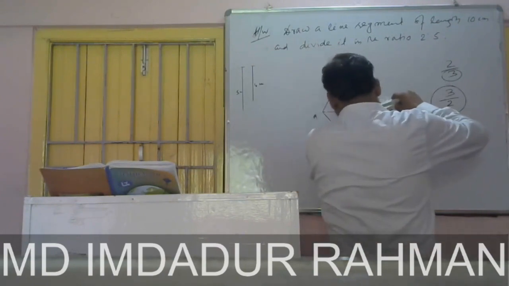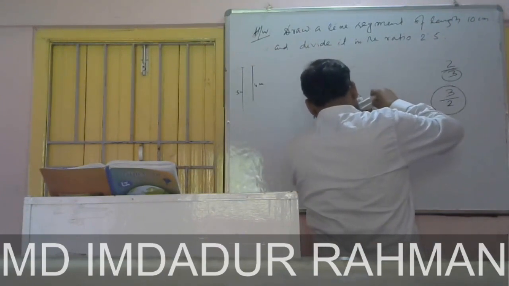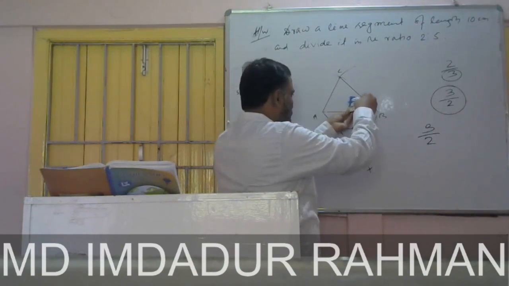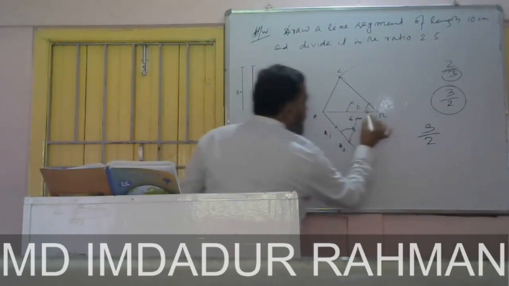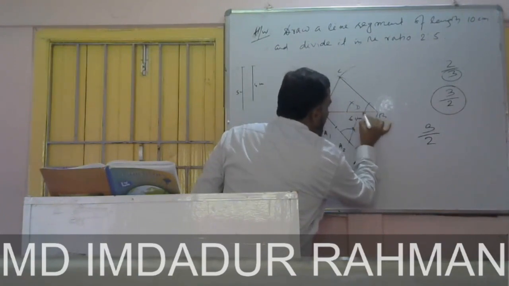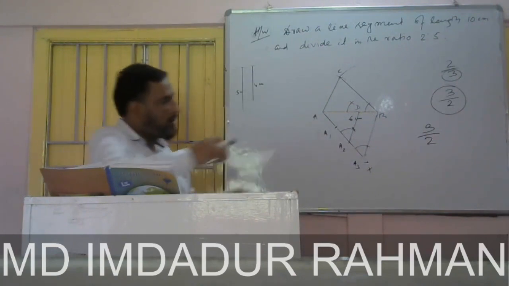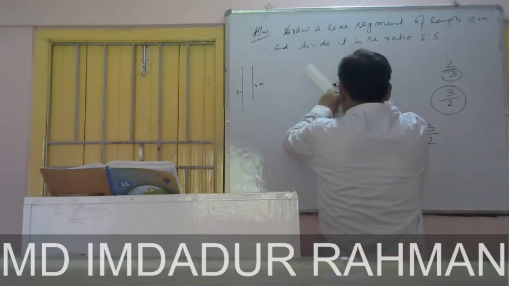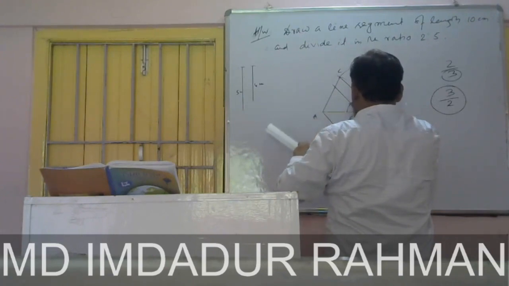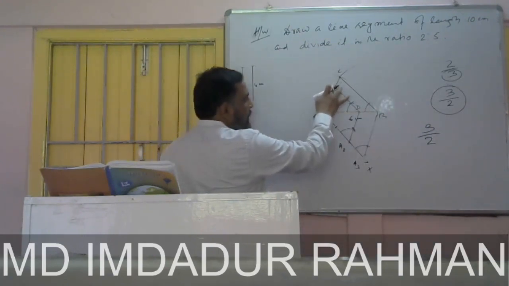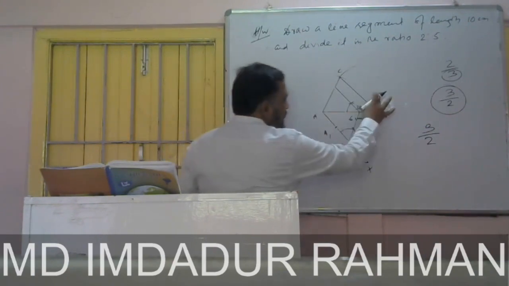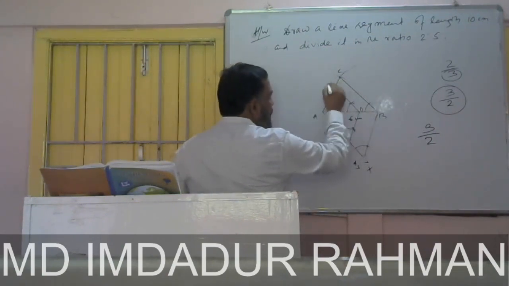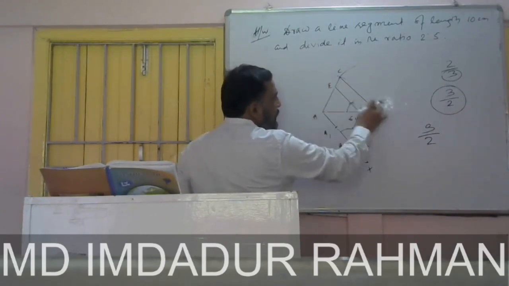Like earlier, we will draw a line segment parallel to BC from D. You see, from D we have drawn a line segment parallel to BC to E. So this DE is parallel to BC.